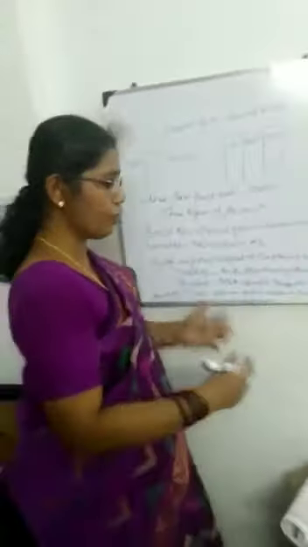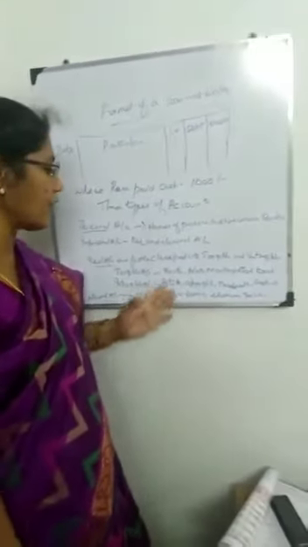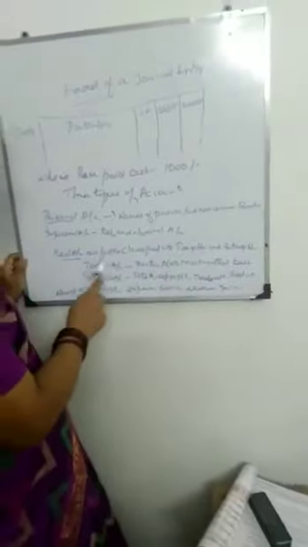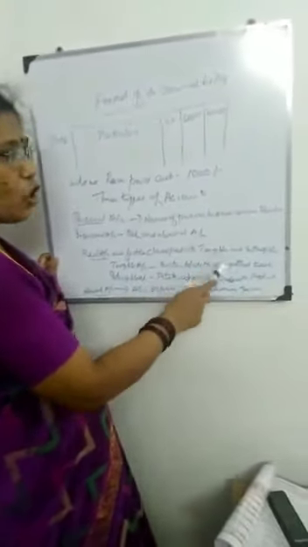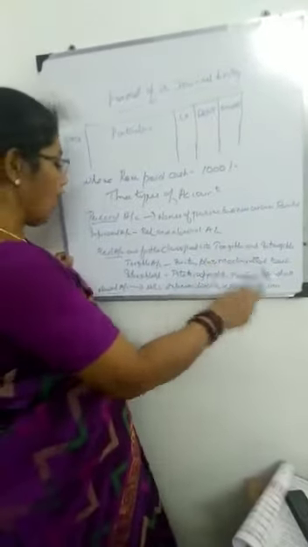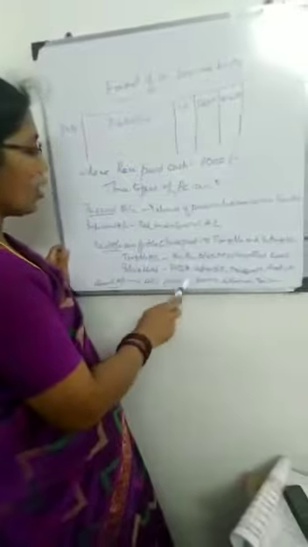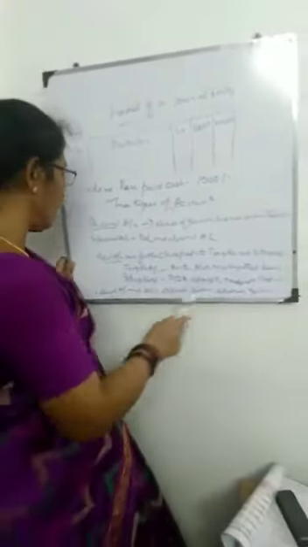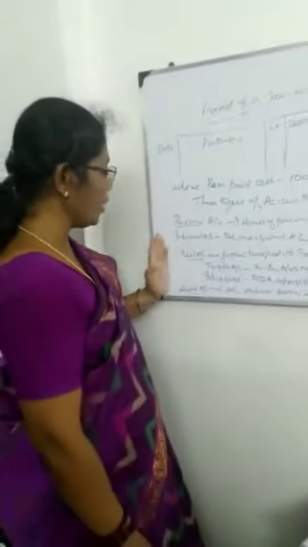Tangible means which is visible and which can be touched and felt. Intangible means we cannot see, but these have a value. Tangible are assets: furniture, plant, machinery, stock and cash. Cash is also an asset for us, so it will be recorded in the assets. Intangible accounts are patent rights, copyrights, trademarks, goodwill, etc. So these two categories are from real account.